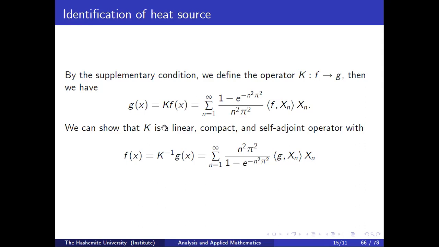So here we have many references, and we can show that this operator K is linear, compact, and self-adjoint. So we can find the inverse of this operator, and the inverse is given in this way. This is from the Fourier decomposition theory. We can obtain that K inverse is this operator, so f equals this quantity.